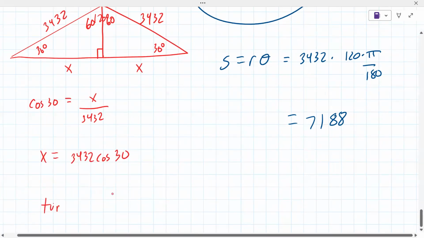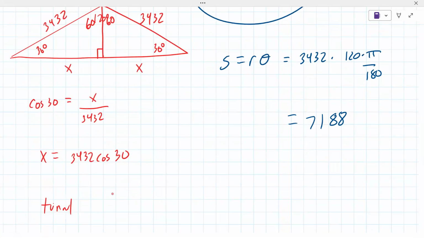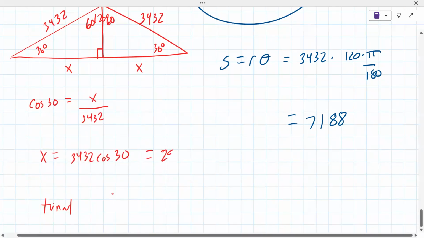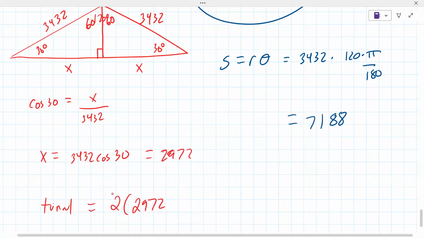The tunnel will be 2,972. All right. So the tunnel is 2 times that, and we shouldn't be surprised that it's much less than the previous.